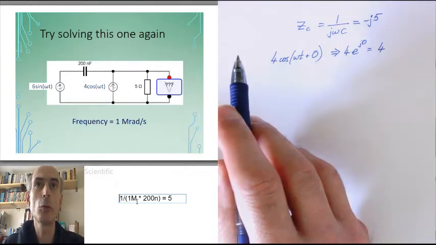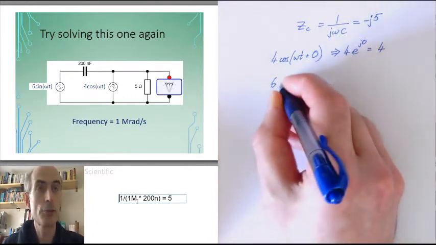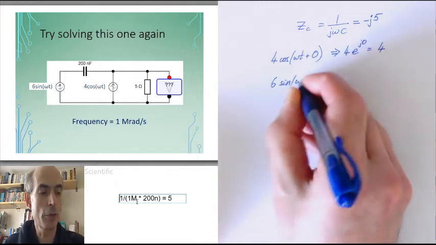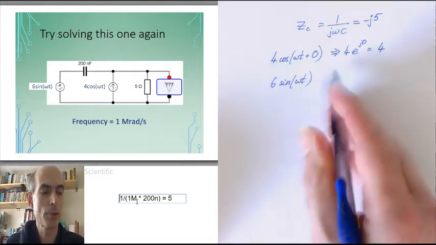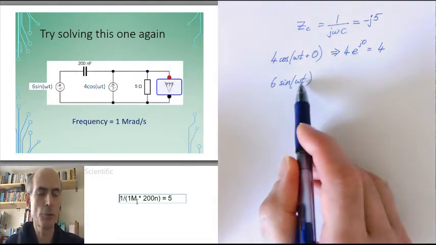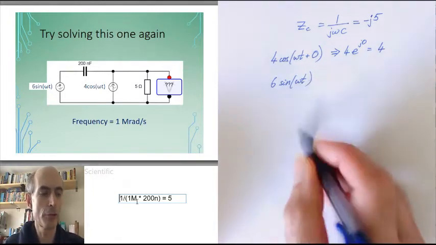For the voltage source, that's 6 sine omega t. And we have to use the result here, that sine of theta is cosine of theta minus pi over 2.